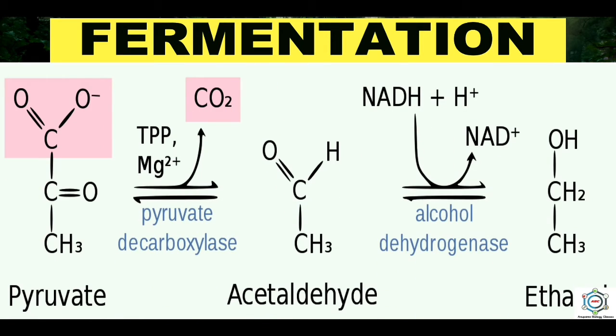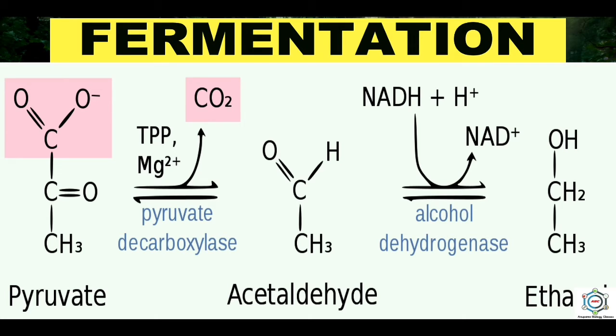Here you can see the first step: pyruvic acid is first decarboxylated to acetaldehyde in the presence of the enzyme pyruvic acid decarboxylase, or pyruvate decarboxylase.